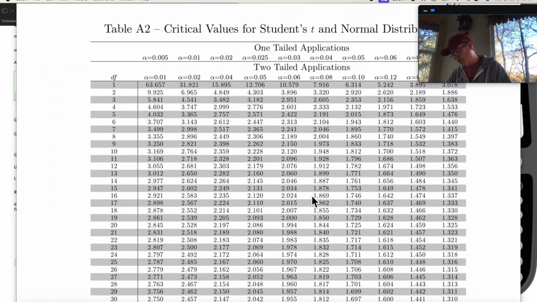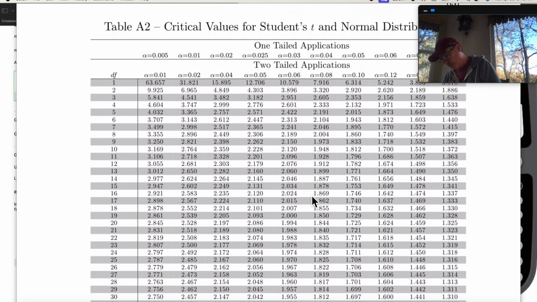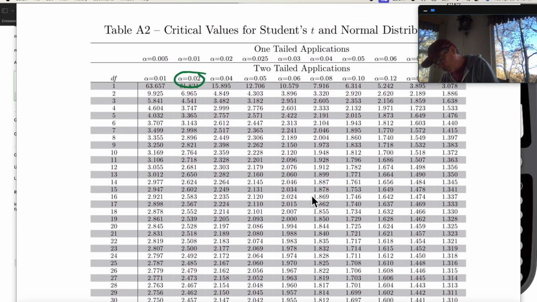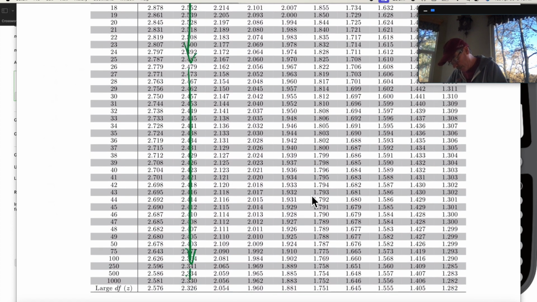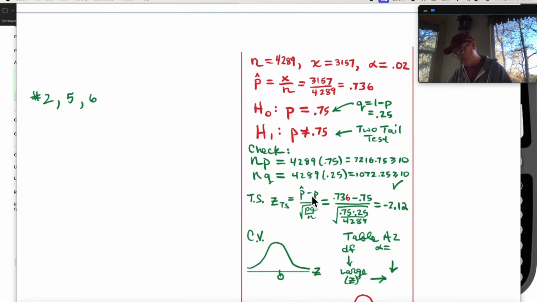So here we're starting with the critical value. Again, our alpha is 0.02, but we're looking it up under two-tail this time. Okay, just the bottom row where all the z-scores are. Right here, 2.326 is the z-score. That'll be plus or minus because again it's a two-tailed test.